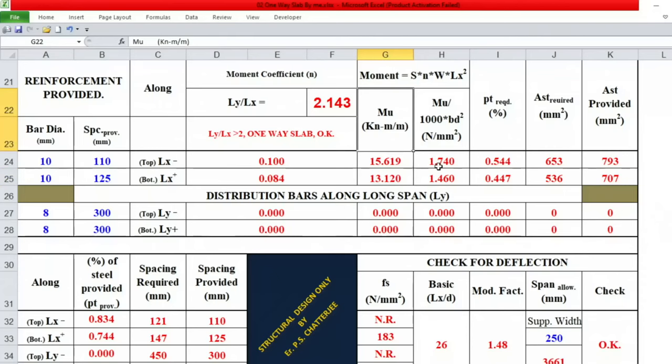Mu by BD square is equal to this Mu into 10 to the power 6 divided by B into D squared. B means 1000, 1 meter, 1000 millimeter, and D means thickness.